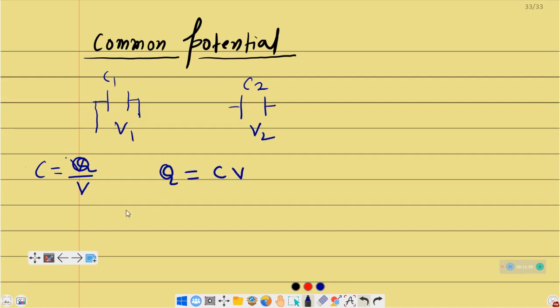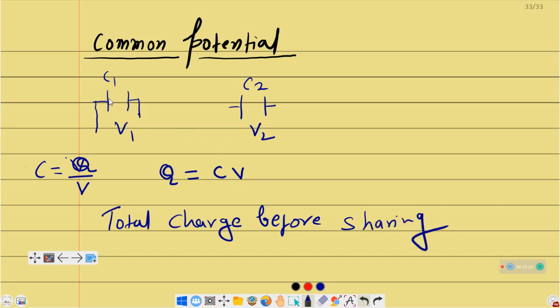Now the total charge before sharing, or connecting the two capacitors together with a conductor: let's say this capacitor carries Q1 charge and this capacitor carries Q2 charge.